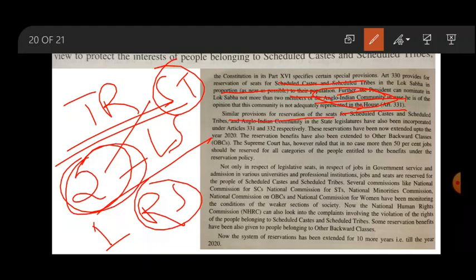Similar provisions for reservation of seats for Scheduled Castes, Scheduled Tribes and the Anglo-Indian community in the state legislature have also been incorporated under Article 331, not only in the parliament but in the state legislatures as well. Now we have a total of 60 seats in our state.